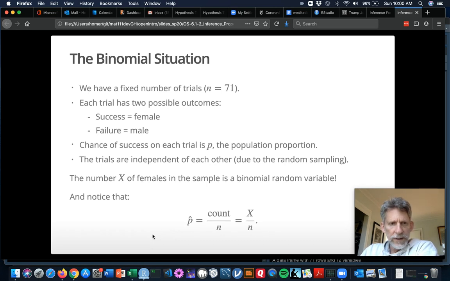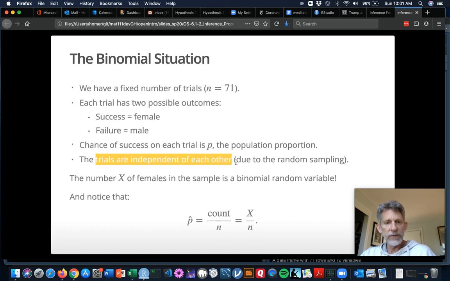So just reviewing, we have a fixed number of trials. Every person is like a trial, and each trial has two possible outcomes. The person could be female or male. And every time you pick a person from the population, they have a P chance of being female. We just don't know what P is. And those trials are independent of each other because we're doing random sampling.